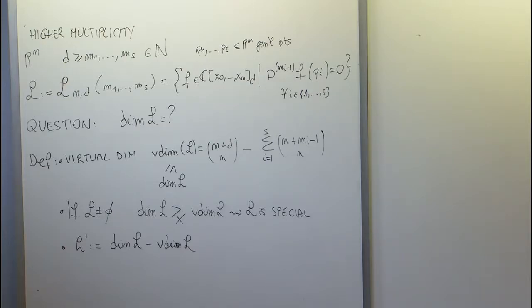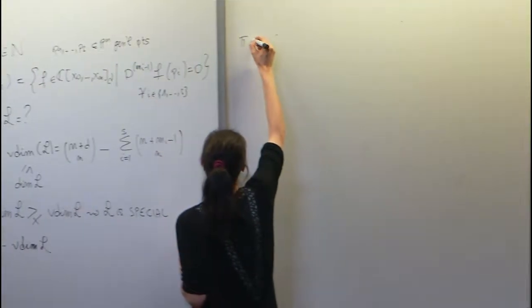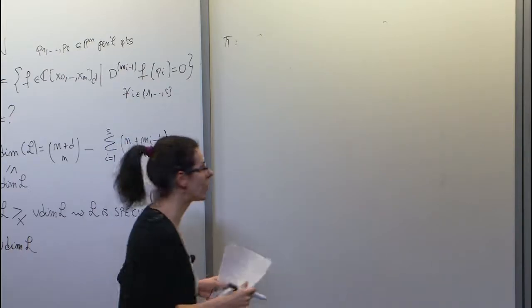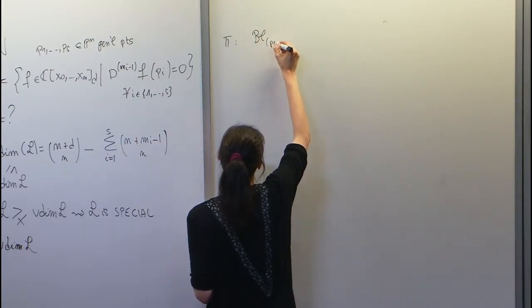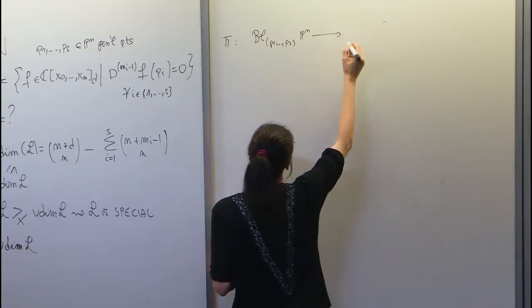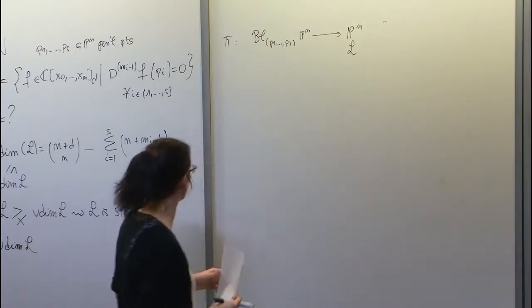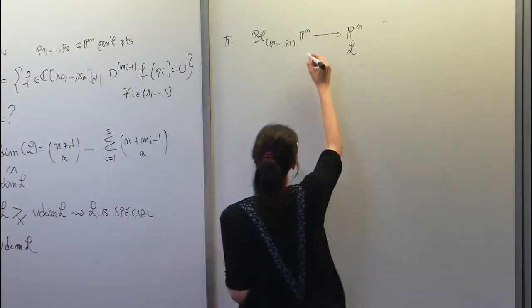Well, it may be, but the point is that what I want to do is to blow up my projective space in my points. So I consider P the blow up at P1 PS of Pn. On Pn, I have this linear system given by this formula, and then I just take the pullback of it.